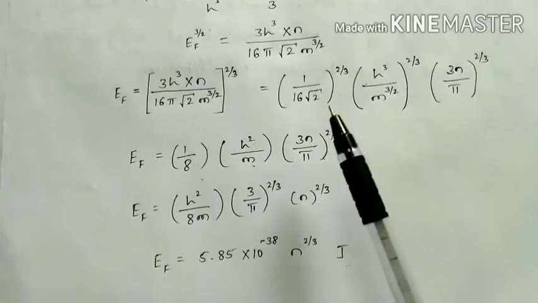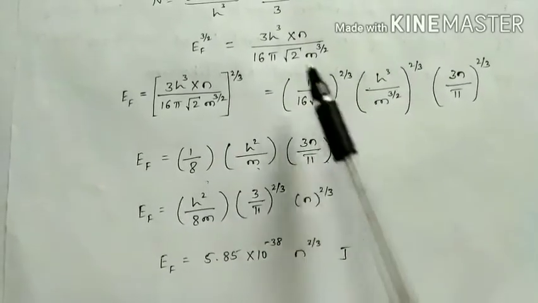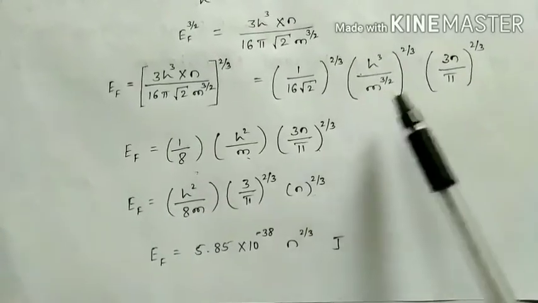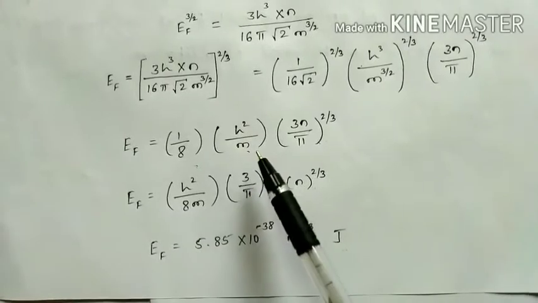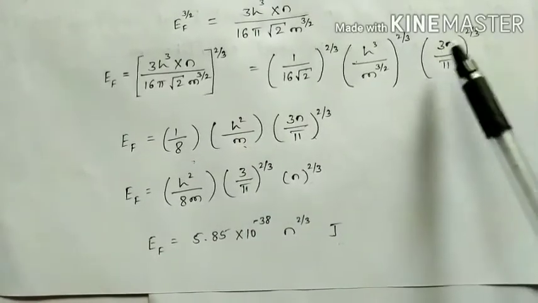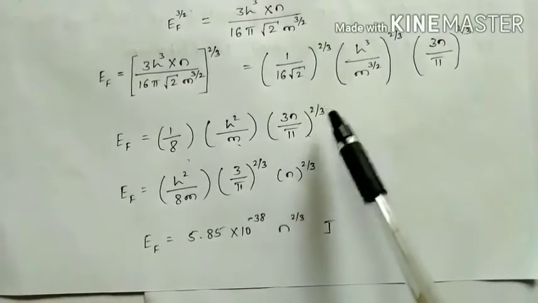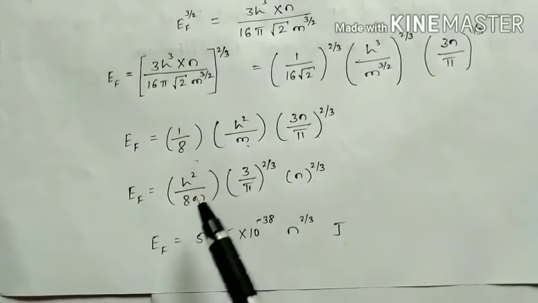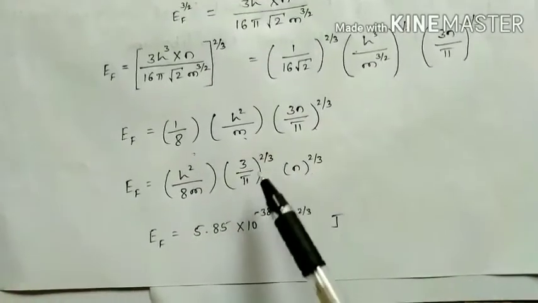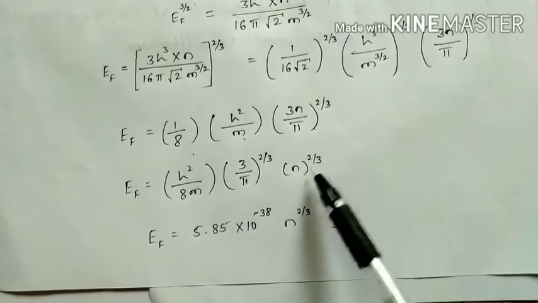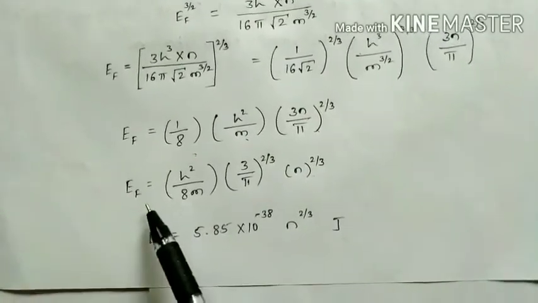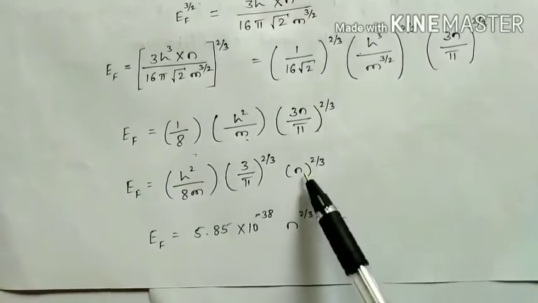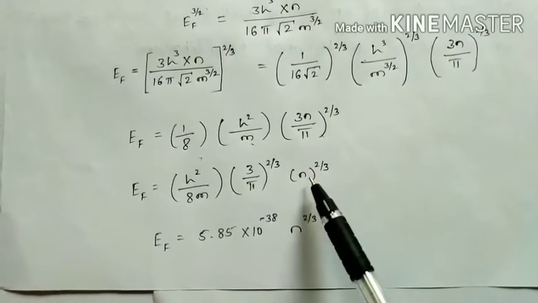When you simplify, you will get 1 divided by 8, then h square divided by m, and the last term remains as it is, 3n divided by pi raised to 2 by 3. Now rearranging these terms, EF is equals to h square divided by 8m into 3 by pi raised to 2 by 3 into n raised to 2 by 3, which means your Fermi energy is dependent on the Planck's constant, mass of an electron, and the number of free electrons.